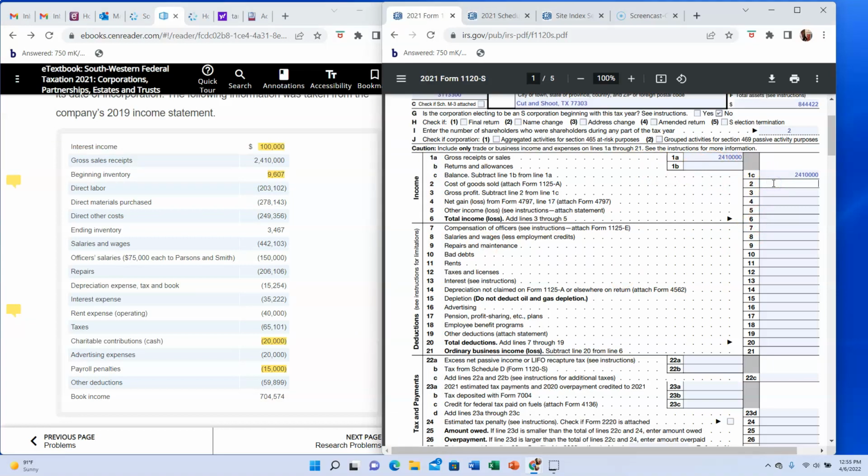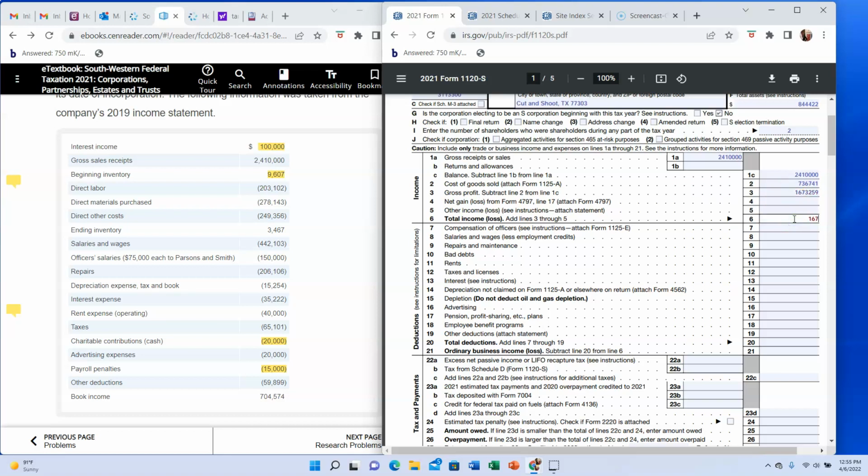And that all equals 736,741. So gross receipts minus cost of goods sold equals gross profit of 1,673,259.